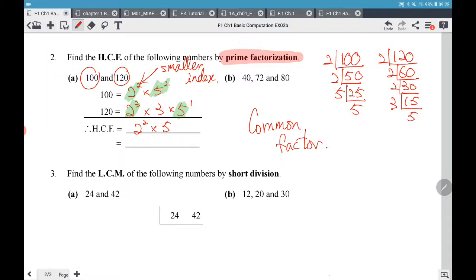And finally, we need to find the number it represents. 2 squared means 2 times 2 is 4, and then 4 times 5 is 20. So after working with the method of prime factorization, finally we get the H.C.F. equal to 20.